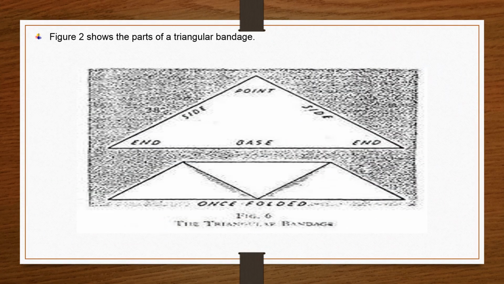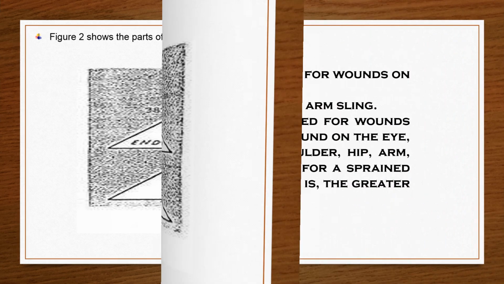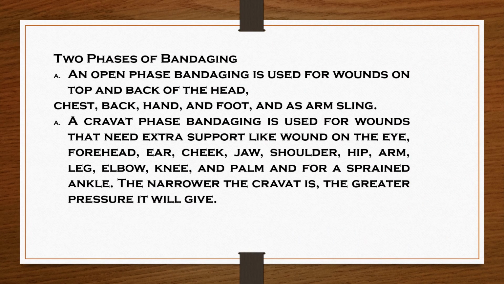So this is the example of the parts of triangular bandage. Two phases of bandaging. An open phase bandaging is used for wounds on top and back of the head, chest, back, hand, and foot, and as arm sling.